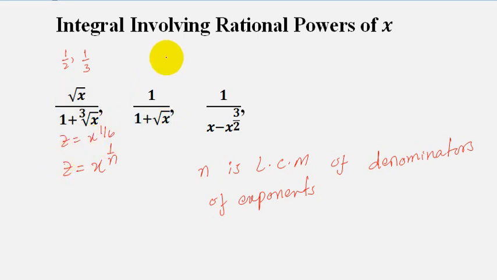Now, for second function, exponent of x is 1 by 2, only one exponent. So, in this case we take z equal to x raised power 1 by 2.